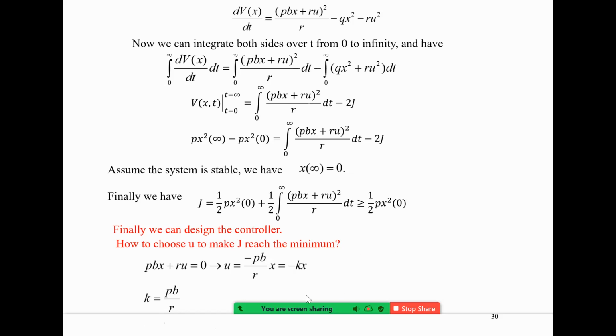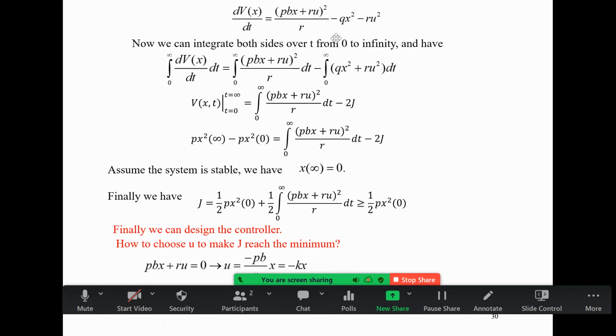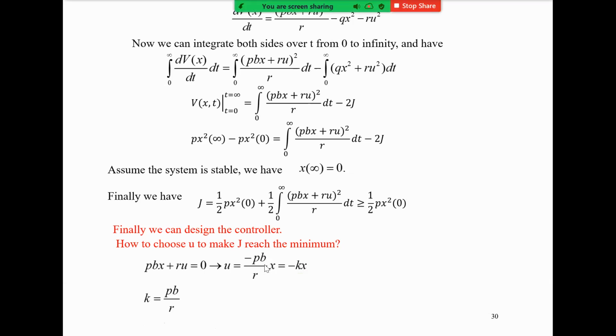If you look at this form, when we solve this equation, then we get u is just minus PB over R. So the scale is just PB over R. So we have solved the problem, right?